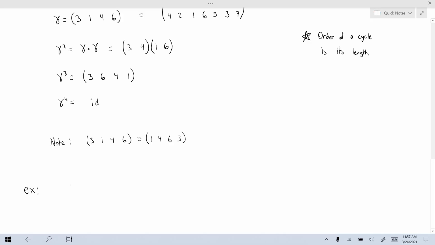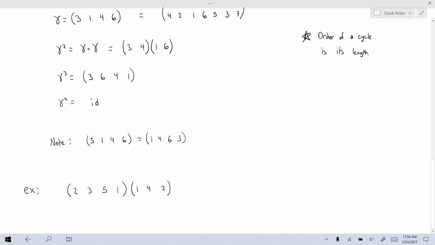So let's say I have the cycle (2 3 5 1). I'm going to multiply or compose that with the cycle (1 4 2).